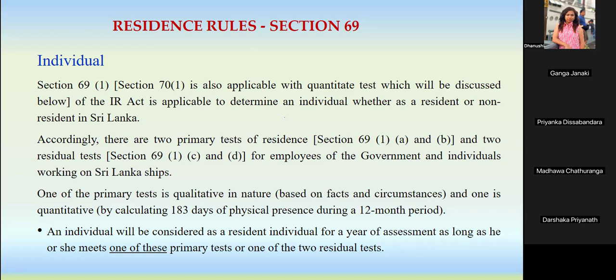So section 69 provides that facility. Under section 69(1), we have two kinds of tests. We call them the primary test and the residual test. We use these to determine whether that person is a resident or non-resident.